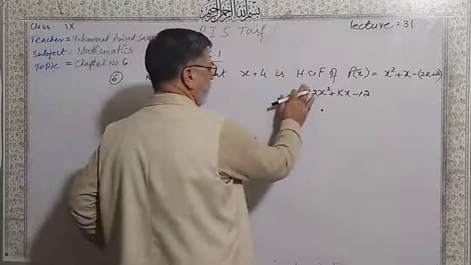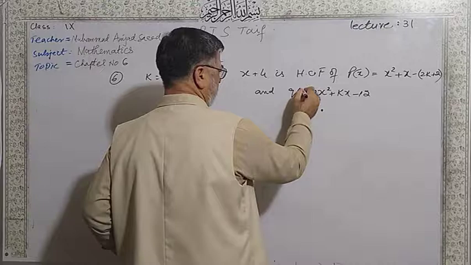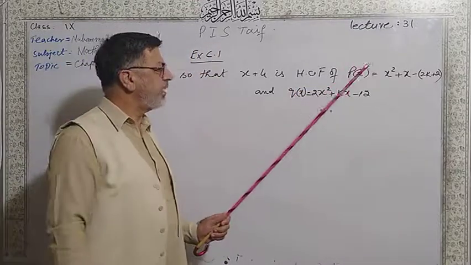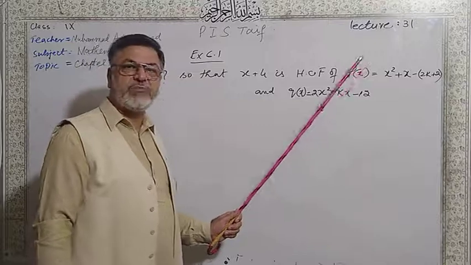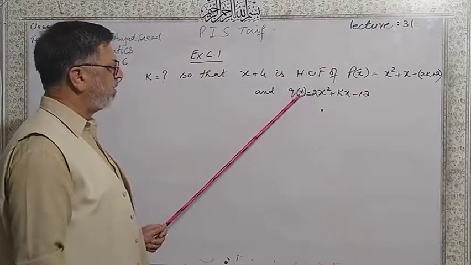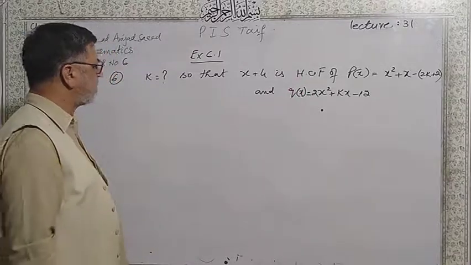Let its name be Q of x. We can name it as P of x and Q of x, P of x being a polynomial in variable x and Q of x a polynomial in variable x.